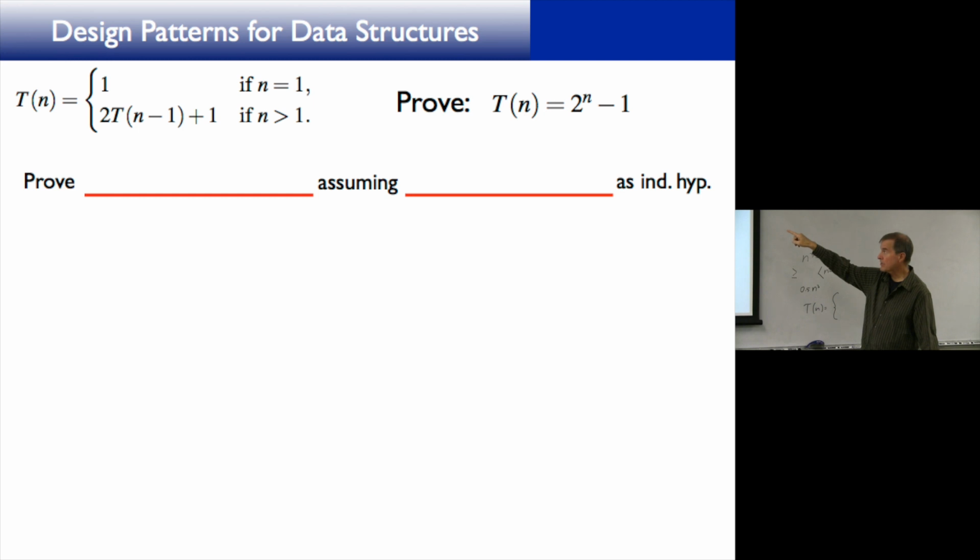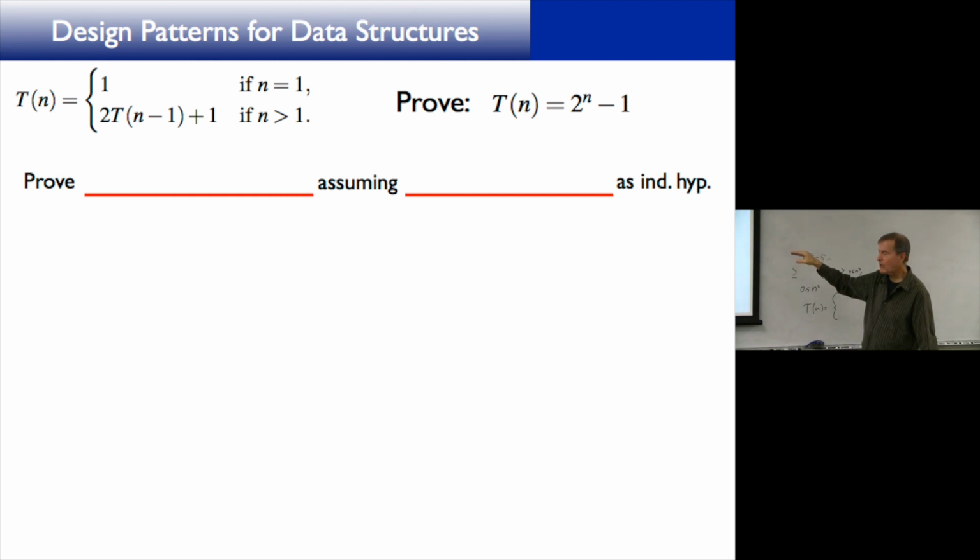So actually there are 2 ways to do this. You could prove T of n plus 1 is 2 to the n plus 1 minus 1, assuming what? T of n is 2 to the n minus 1 as the inductive hypothesis.